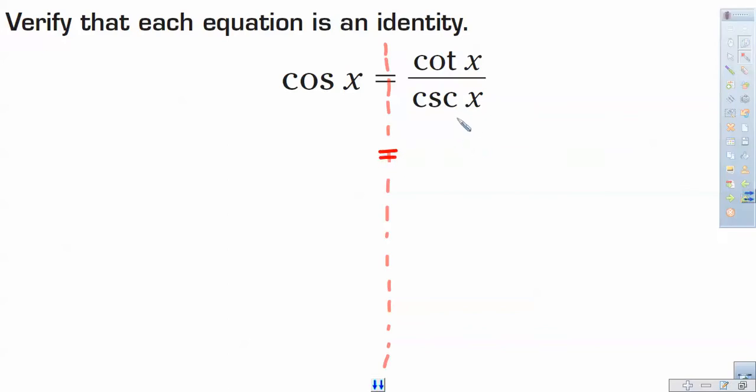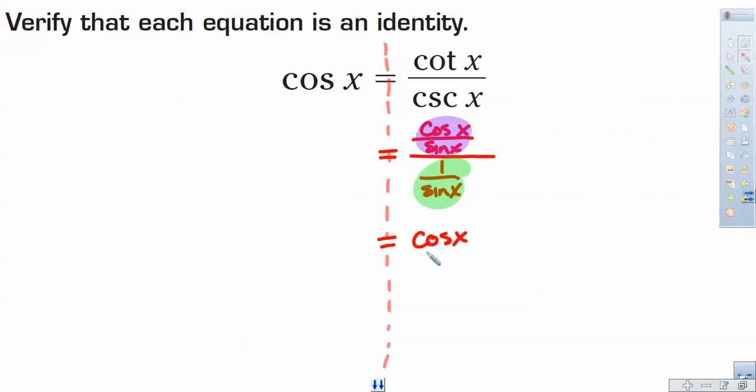So here we go. One move we can make here pretty easily is let's change everything to sines and cosines. So now I have cosine of x over the sine of x, and then cosecant there is 1 over the sine of x. Understand here that now I have this fraction divided by that fraction, so it makes sense to me that my next logical move would be multiplying by the reciprocal.